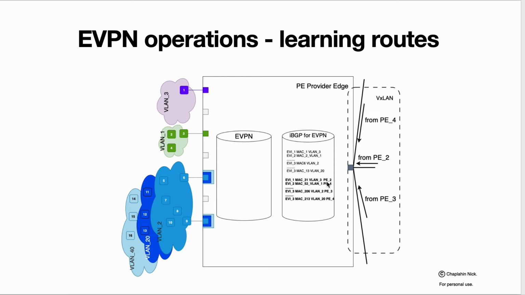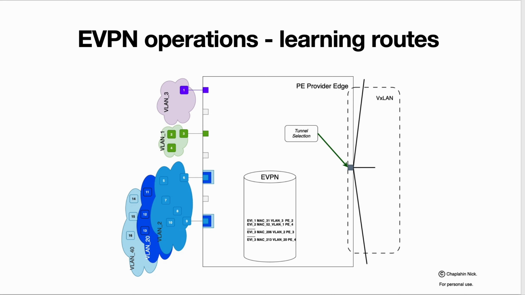Technically, it should be written route distinguisher, but again, the route distinguisher is a pretty complex thing to add into this video. Just remember, BGP distinguishes from which device which route was received. This information is transmitted to EVPN by BGP, because BGP is used only for route operations and management.